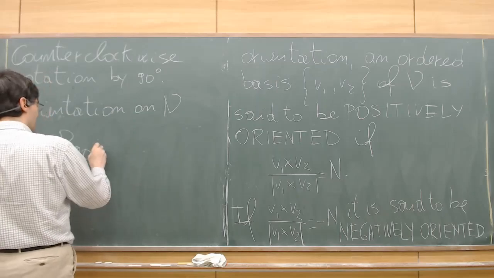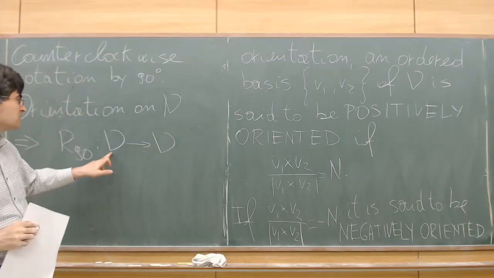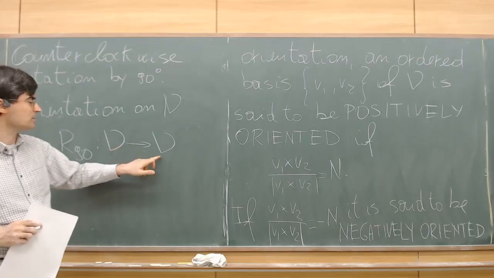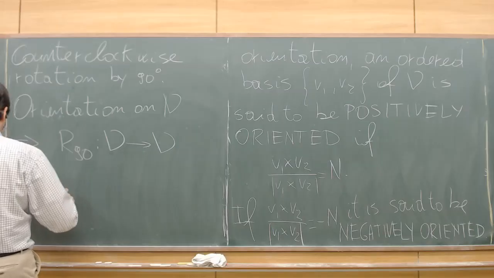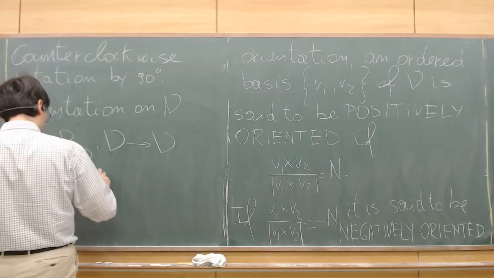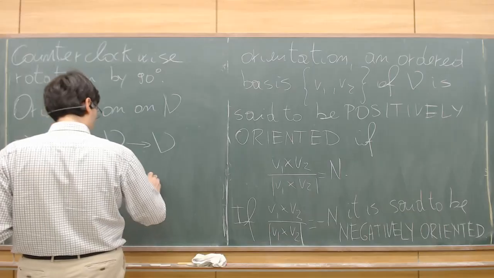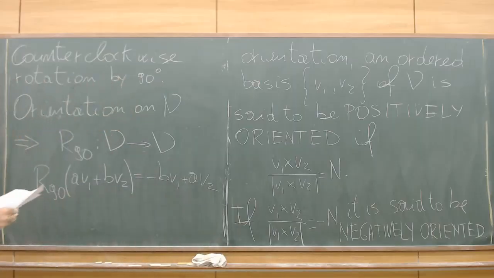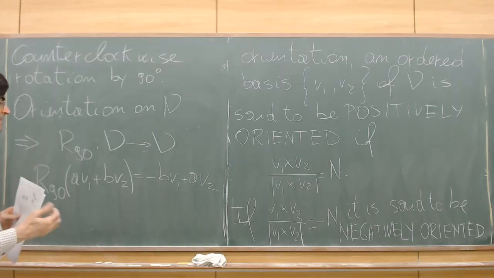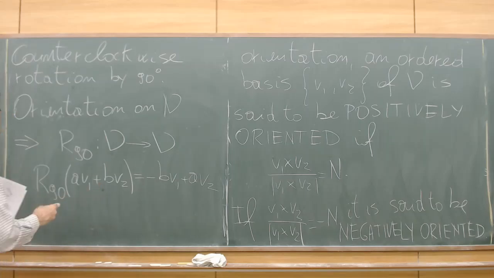So we have a map R90, but this time it is defined on nu, it takes values in nu. Now, the problem of this definition is that apparently it is dependent on the basis.